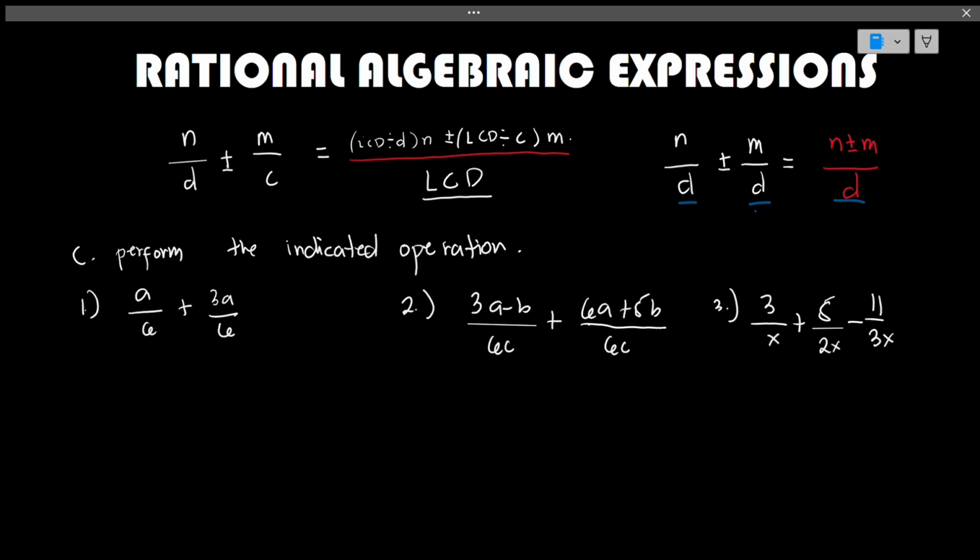Those are the things we need to consider when adding and subtracting rational algebraic expressions. How we deal with arithmetic fractions is the same as how we deal with rational algebraic expressions.